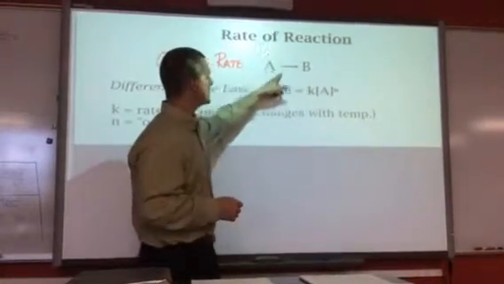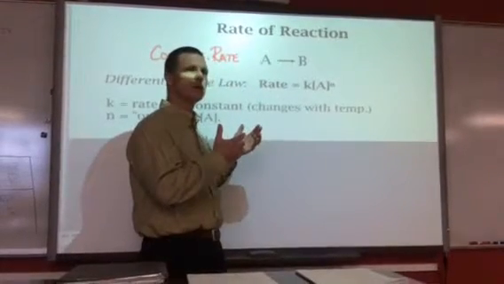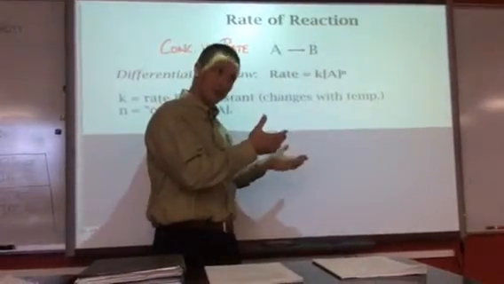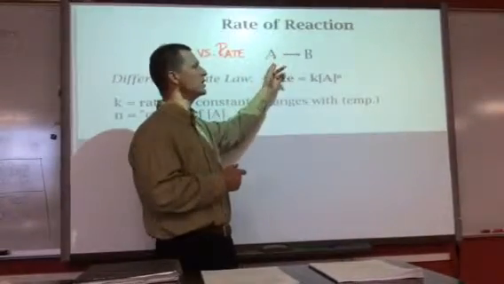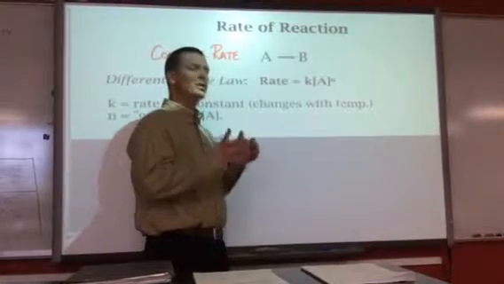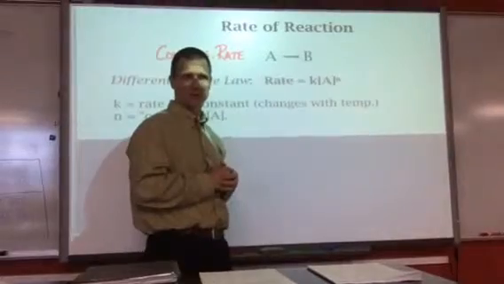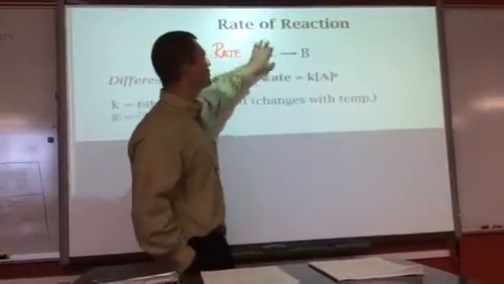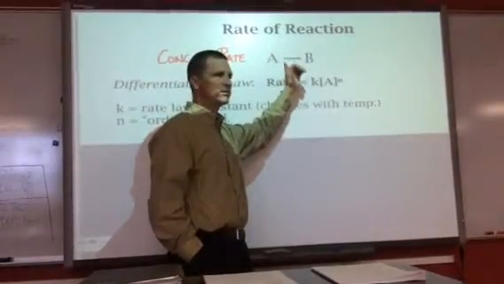If I increase the concentration by 10, what's going to happen to the rate? It goes up by 100, 10 squared. What happens to the rate if I cut the concentration to 1/3 of what it was before? No, not the third root, it'll be 1/9, 1 over 3 squared. So second order means that whatever change I apply to the reactant concentration, the rate is going to change by that first change squared.